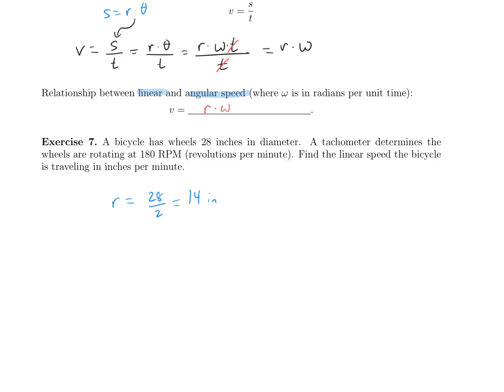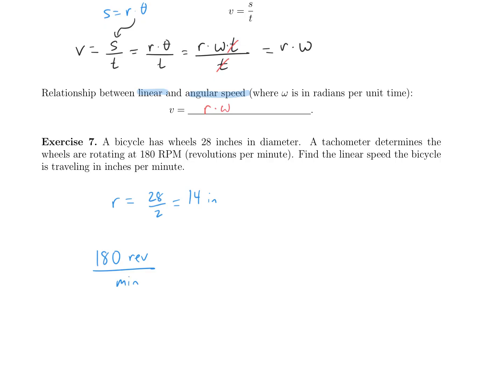Okay, so the first thing we have to do is convert 180 RPMs into radians per minute. To convert that, we're going to use this conversion here. Let's start with 180 revolutions per minute. That's what an RPM is.